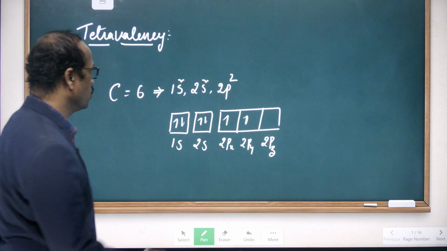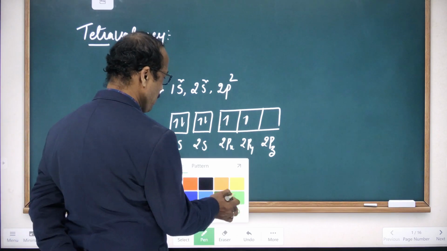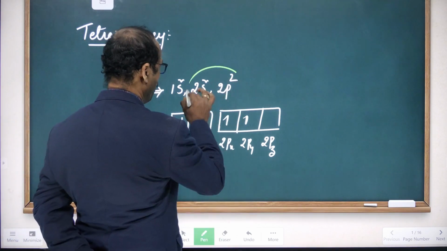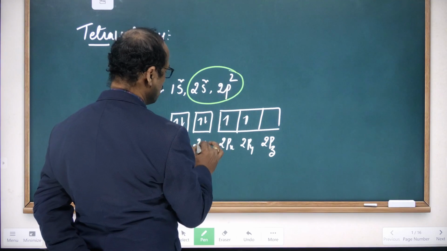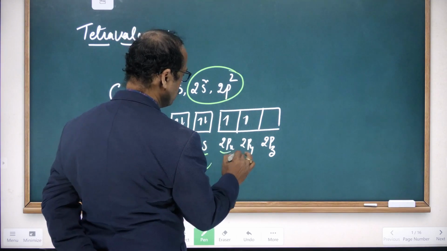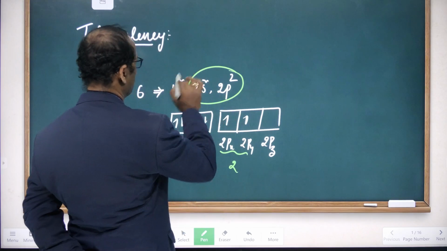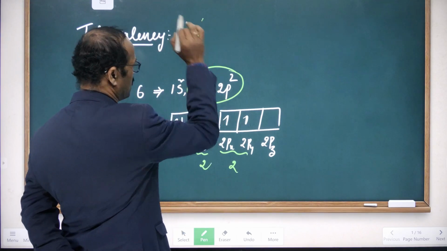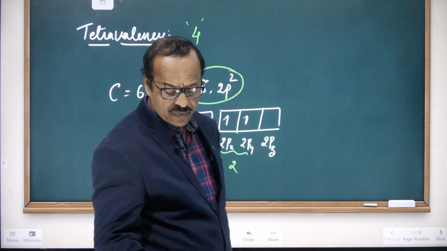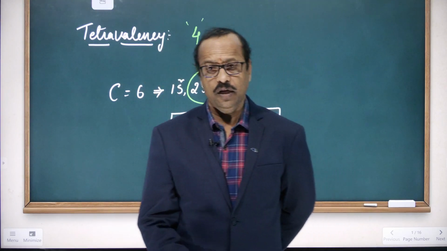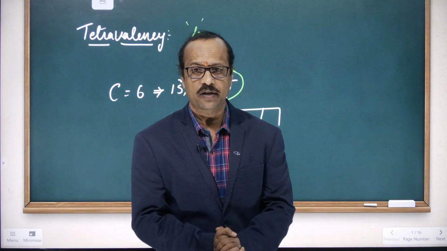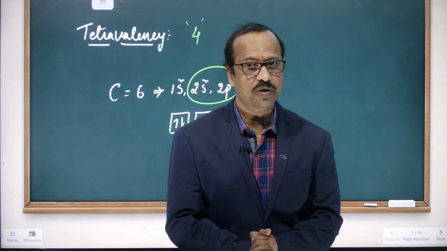So in the outermost shell, how many electrons are there? 4 electrons are there, right? Here 2, here 2, so total 4 electrons are there. So carbon is tetravalent. Clear? Now students, already we discussed the octet configuration. Oct means what? 8.